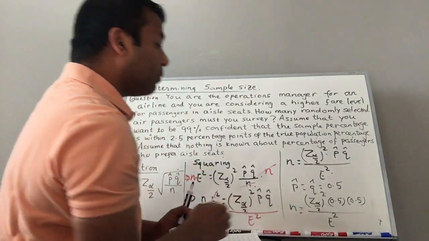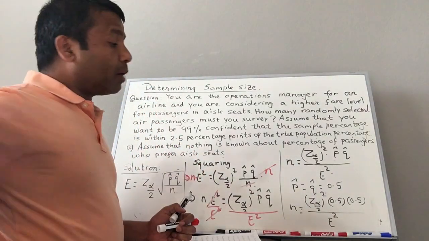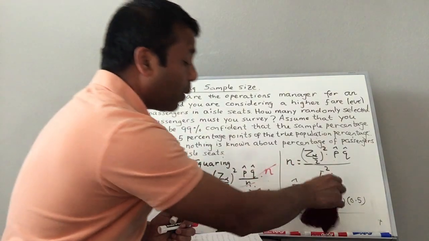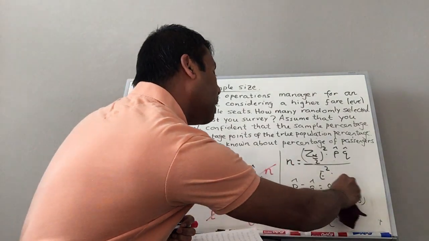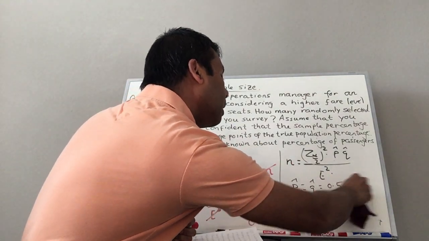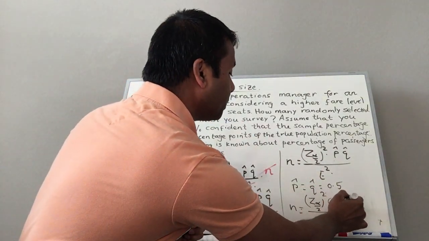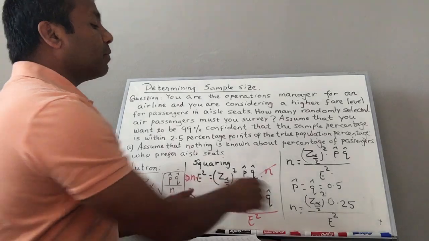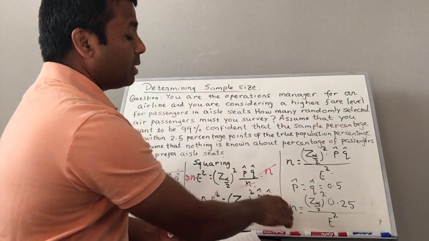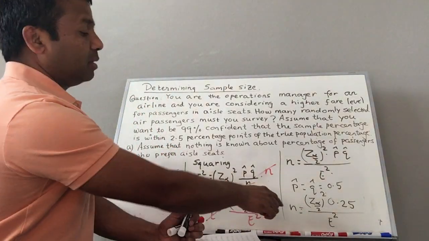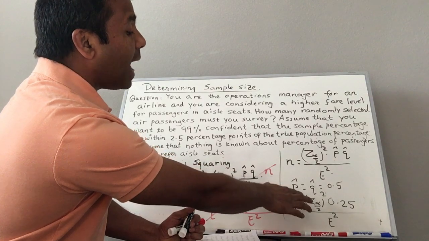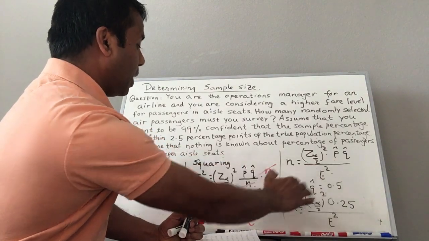When you multiply 0.5 by 0.5, you get 0.25. So this is the formula to find the sample size if the estimate p hat is unknown.